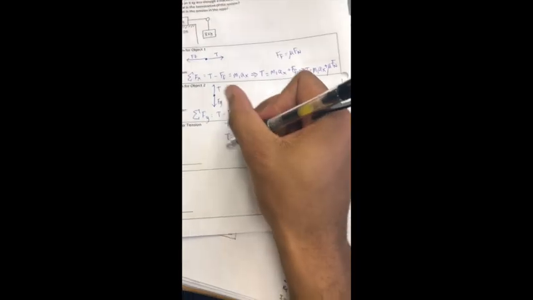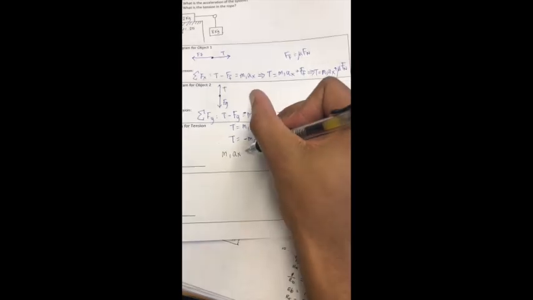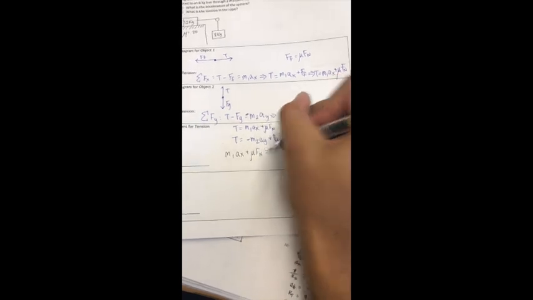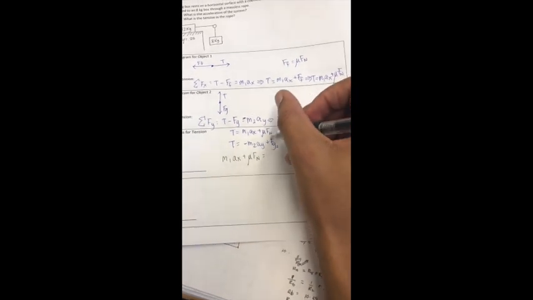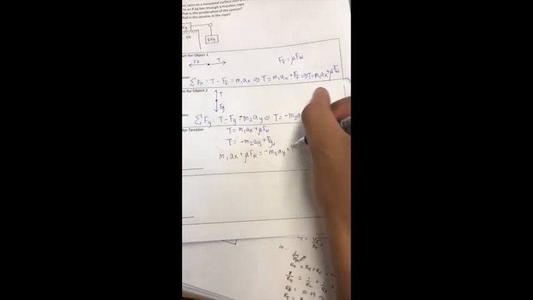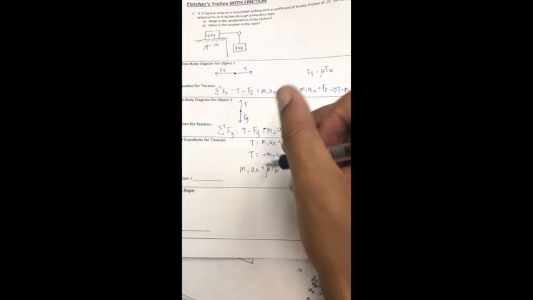So it'll be m1ax plus coefficient of friction times normal force is equal to negative m2 ay plus the force of gravity for the second object. And we know that the acceleration is the same, so we can just change ax and ay to a.